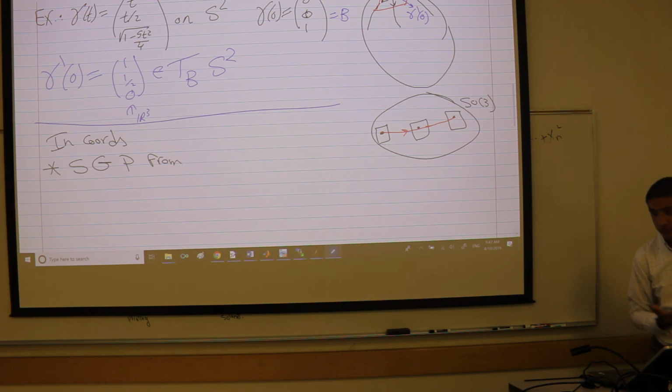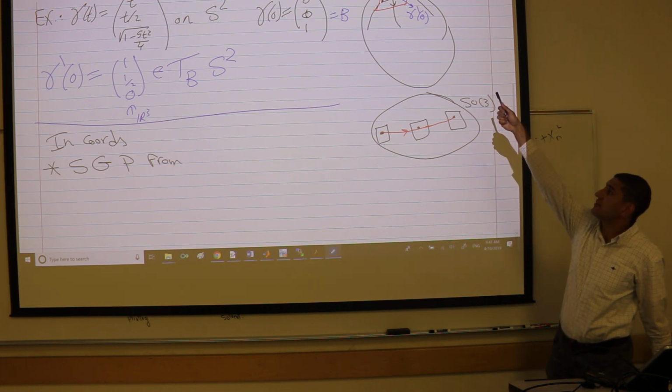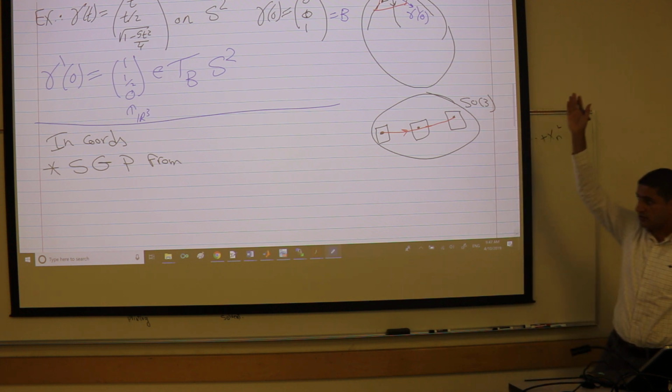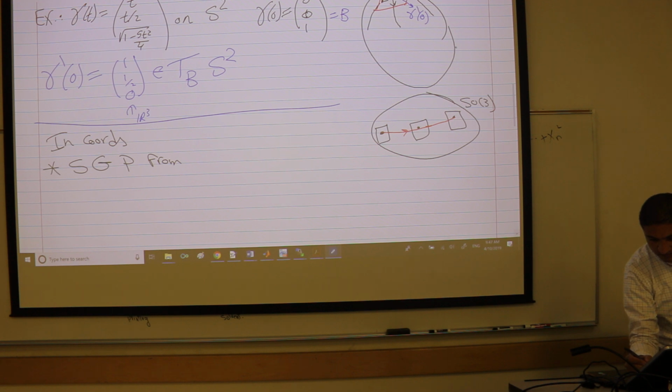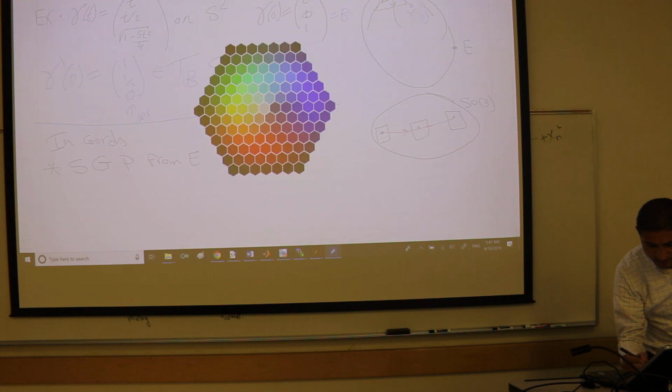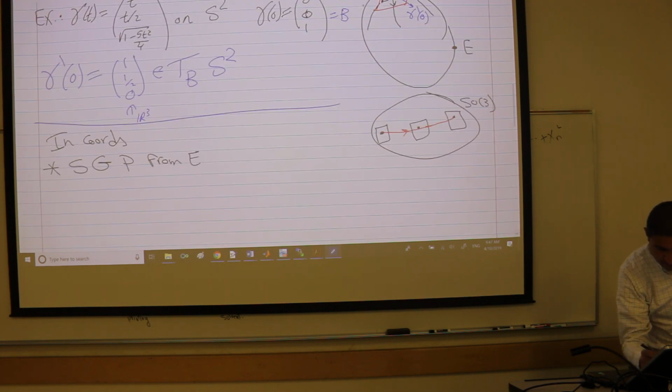We need a stereographic projection where this point B is defined. We cannot do it from the North Pole, so do it from any other point. I'll do it from E. And we can project on any plane, maybe the vertical plane from the North Pole to the South Pole. We can project on any other plane. I will do it on that plane, AA here, okay? So stereographic projection from E on AA.